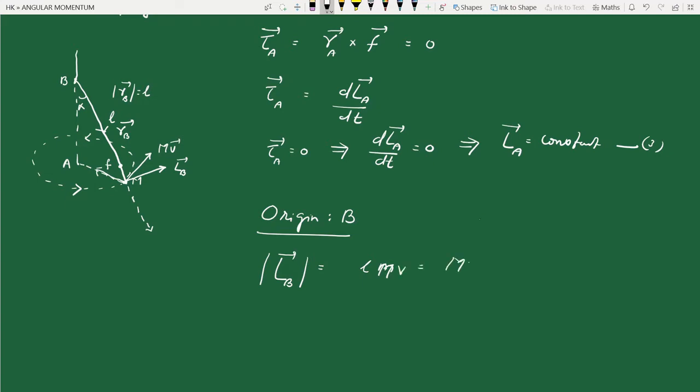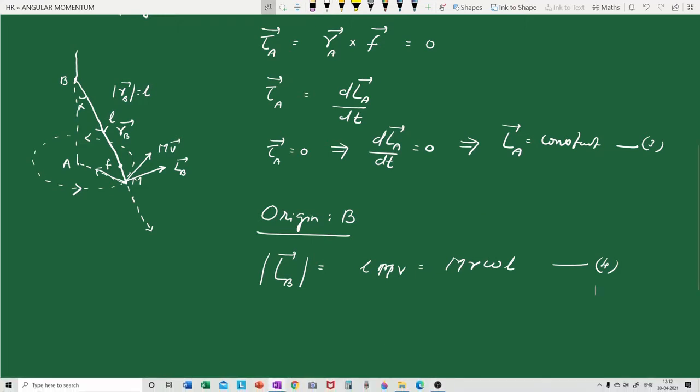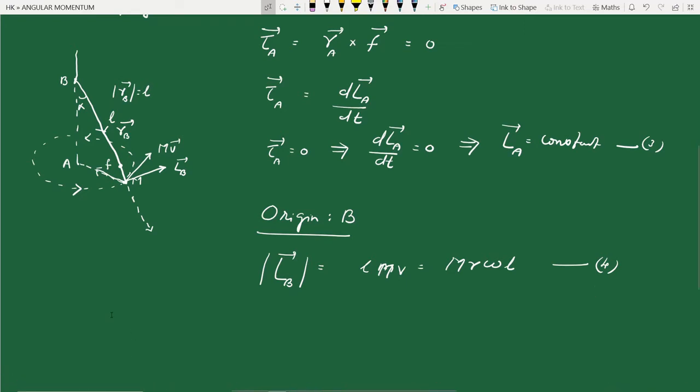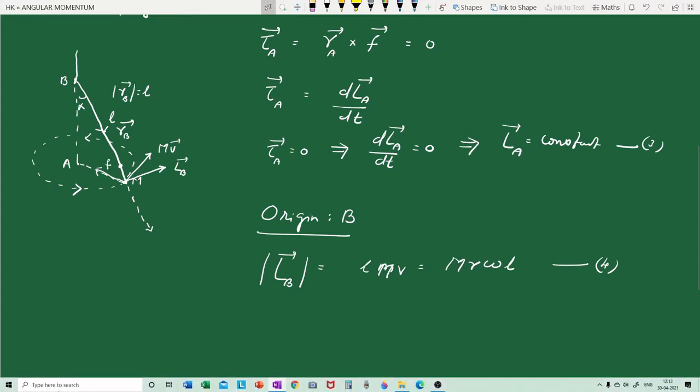So we have m r omega L. This was the result that we have obtained earlier. We will come back to this result later. Now let us try to look at the torque. What is the torque acting on this body?